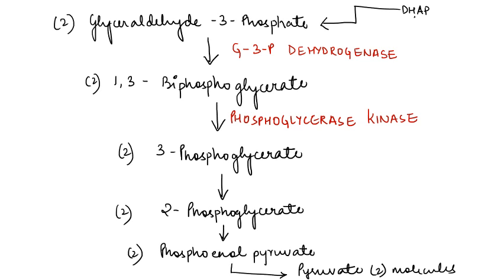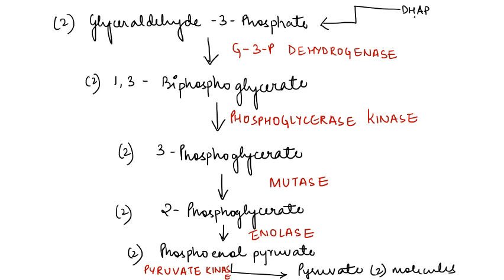Now 3-phosphoglycerate will change to 2-phosphoglycerate with the help of the enzyme mutase. And 2-phosphoglycerate gets converted to phosphoenol pyruvate with the help of the enzyme enolase. Phosphoenol pyruvate then changes to pyruvate with the help of the enzyme pyruvate kinase.